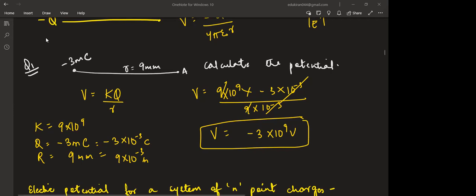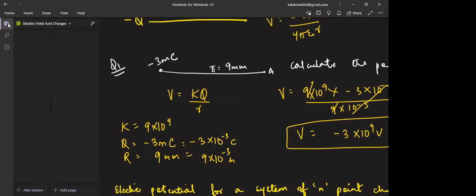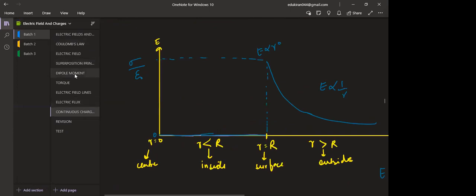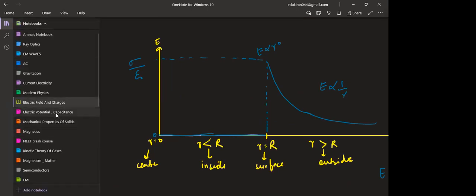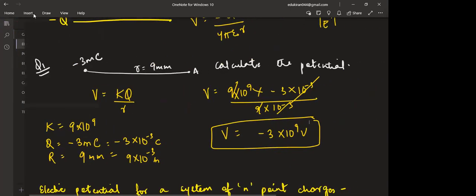One test you have already given, and the rest of the topics that came, dipole moment, torque, electric field lines, and the Gauss theorem part, will be included. Yes, I'll share the link, Faiza. So on Friday, you'll be having the test.